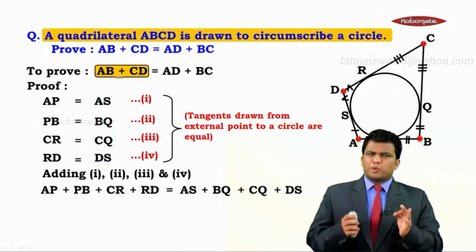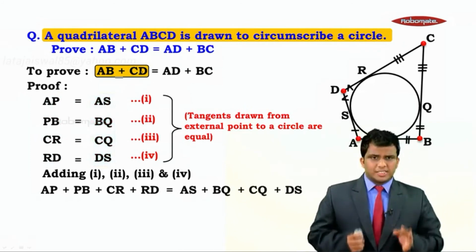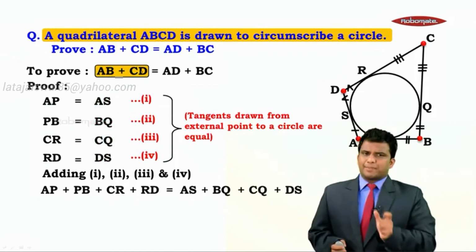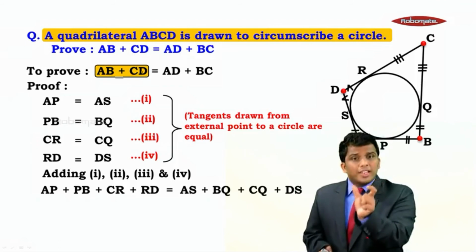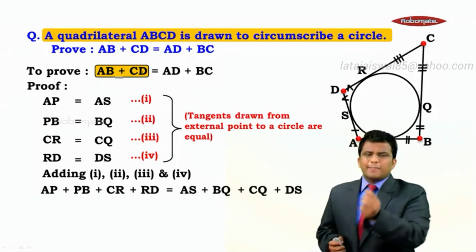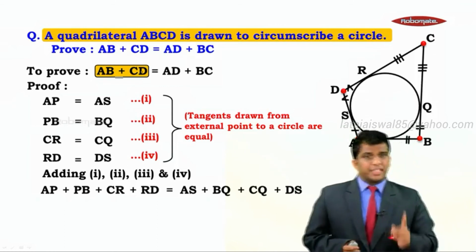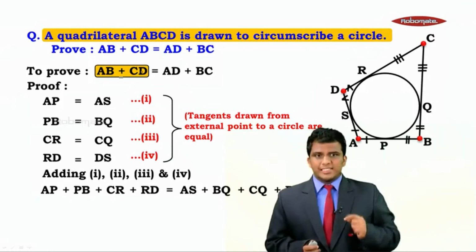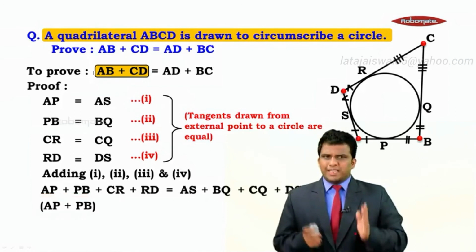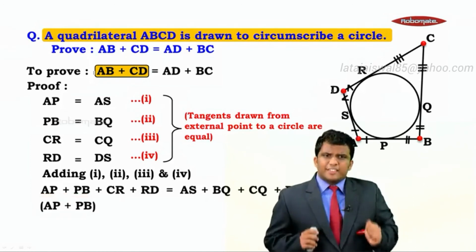Now children, we have to follow a very important step. We need to pair the segments in such a way that the collinear segments are together. If you look at AP and PB in the figure, they are collinear segments. They are on the same line. So let's pair them up. AP plus PB is together enclosed in a bracket.